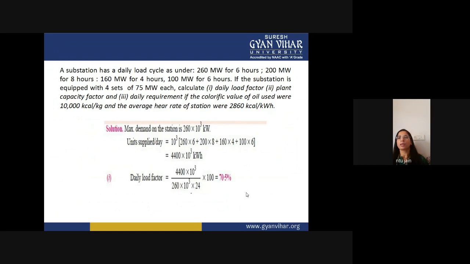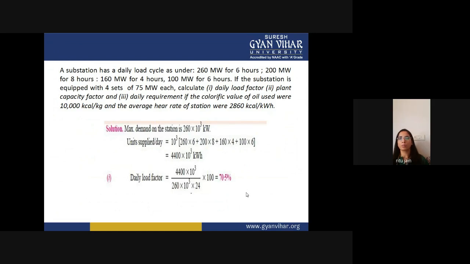You have to calculate the daily load factor, plant capacity factor, and daily requirement of oil used as fuel instead of coal. The calorific value of oil used is 10,000 kilocalorie per kilogram, and the average heat rate of the station is 2,860 kilocalorie per kilowatt hour.